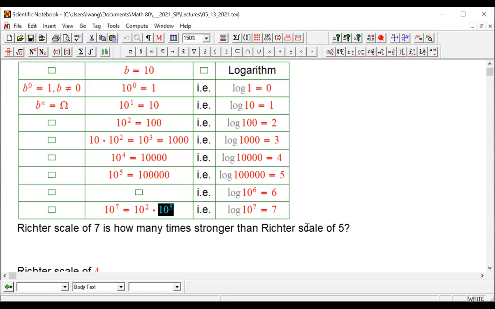More recently, we hear Richter scale reports about earthquakes happening in the ocean, in the sea near Japan. And all these earthquakes, if you look at the numbers and think about the power, in relative terms, you know how strong they are.